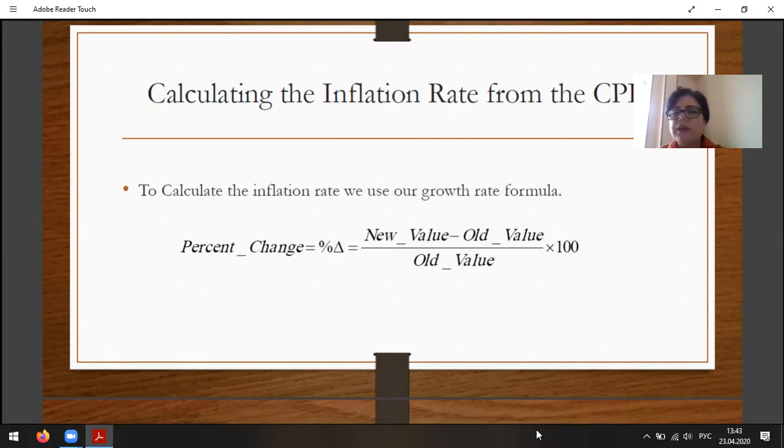This one we denote as old value, and divide the difference by old value. It means by price index in terms of base year, and finally the result multiply by 100%. So the result of these calculations will be the inflation rate in terms of consumer price index.